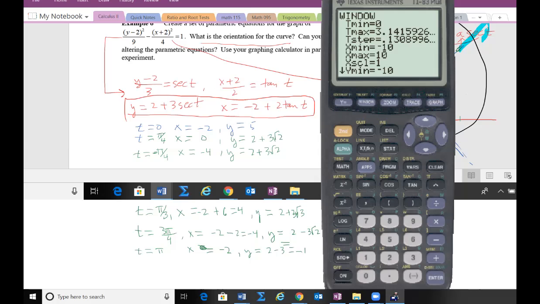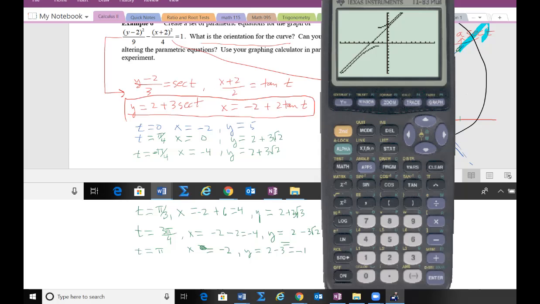Let's go ahead and graph that. Okay, so it went from 0. It showed part of the region that we actually graphed, because we went from 0 to pi.